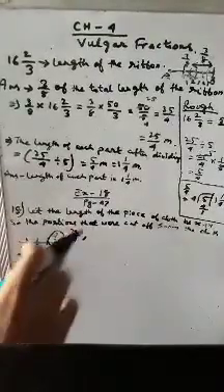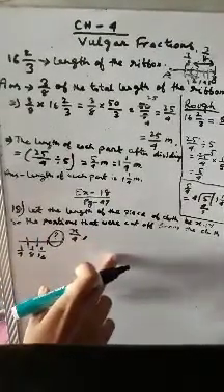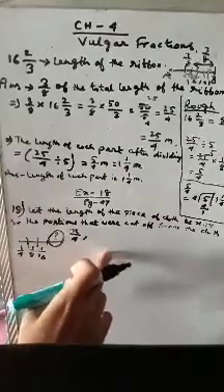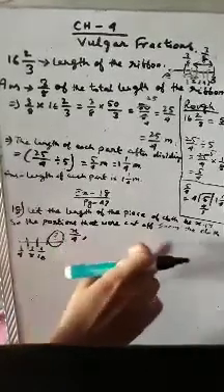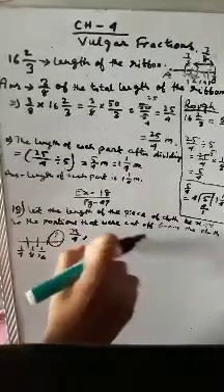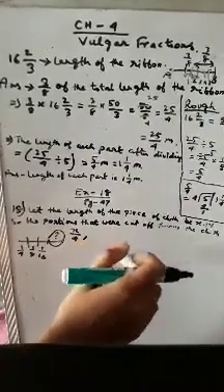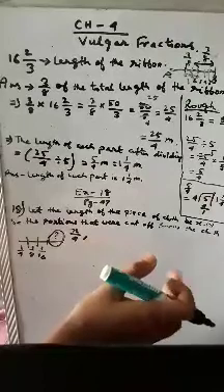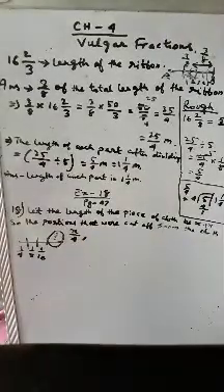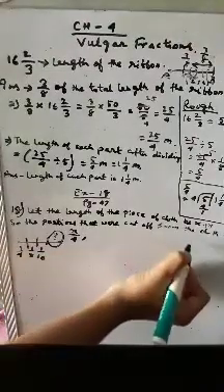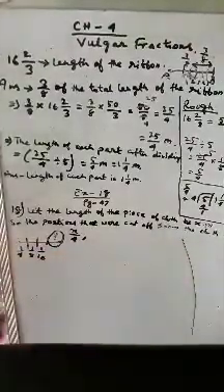Isn't it? 1 by 4 of the length of the cloth means 1 by 4th of the length of the piece of the cloth. That means 1 by 4 of x, so 1 by 4 of x means x by 4. And what is the next fraction? In a similar way, 1 by 8 of x means x by 8. I am just doing the rough work here, otherwise you will not understand.